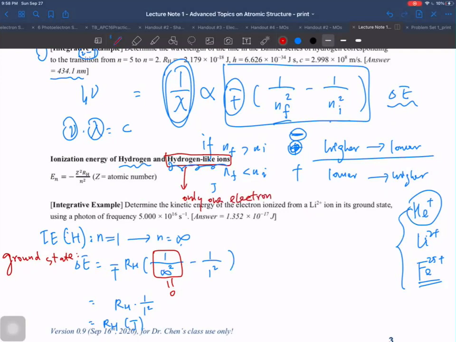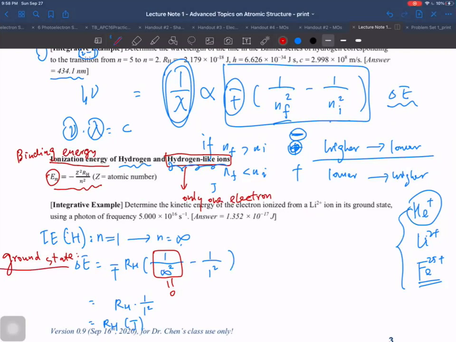So for hydrogen-like ions, the ionization energy, or we can say the binding energy, because they are the same with different sign, is like this. The only difference is that En means the ionization energy of the electron when it's at the nth level. So it's not necessarily the ground state anymore.